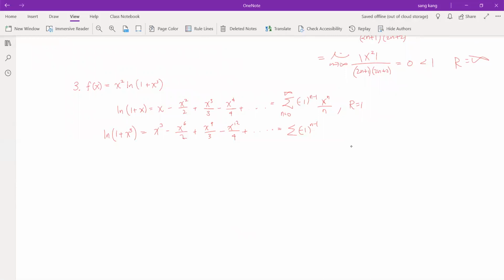I mean, you don't have to write this in between; I'm just writing it for practice so you guys can see. Now x squared times ln of 1 plus x cubed. So now I'm multiplying by x squared for every term: x to the 5th, x to the 8th, x to the 11th, x to the 14th.